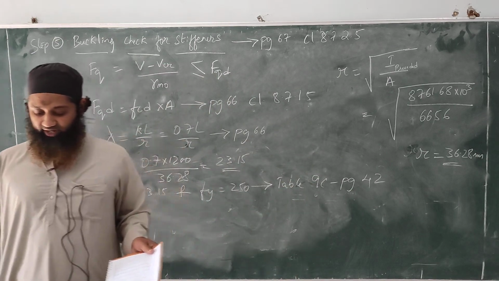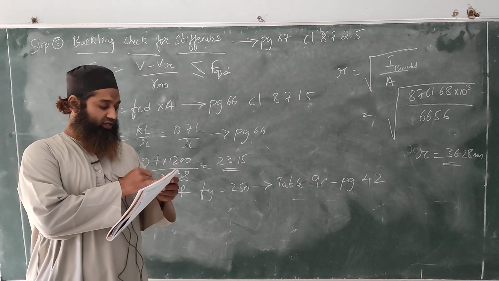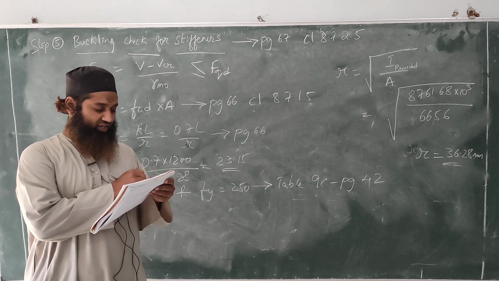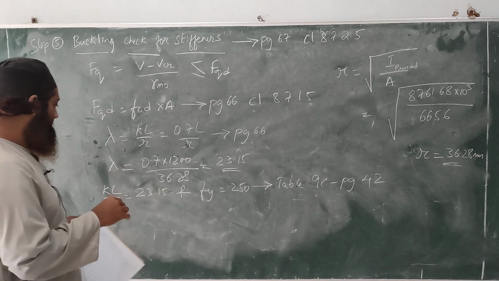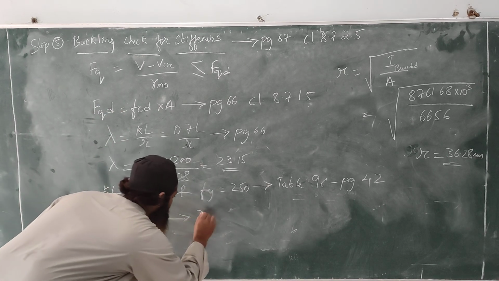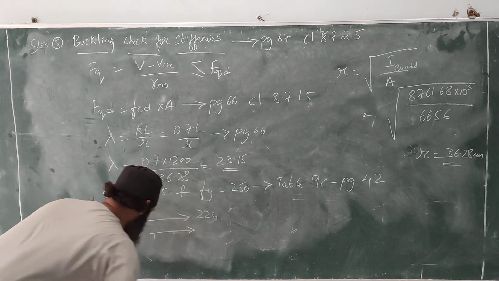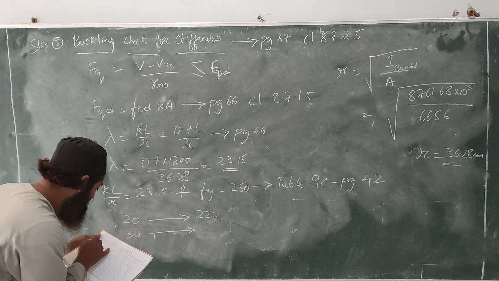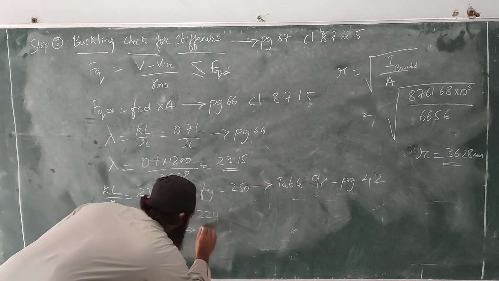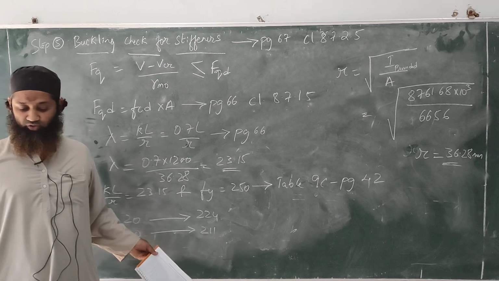I'll just interpolate it here. After interpolation, for KL by r 20, the value for 250 has been given as 224. For 30, he has given it as 211. So I request you all to please do the interpolation.